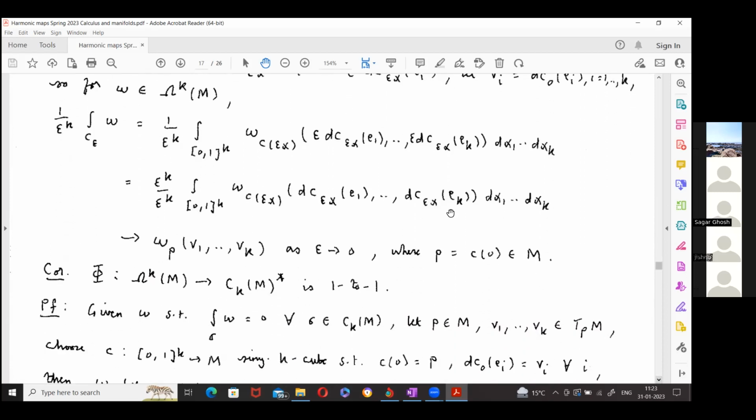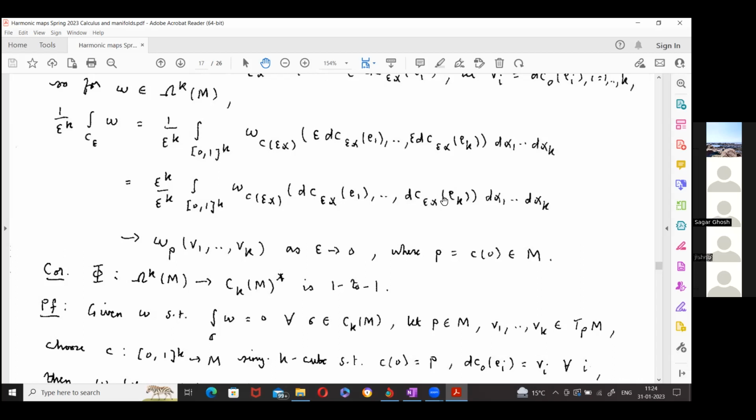Okay, so now we use the fact that the cube is a C1 map. So as epsilon tends to 0, these dc epsilon x E1 up to dc epsilon x EK, which are tangent vectors based at the points C of epsilon x, will converge in the tangent bundle to tangent vectors dc0 E1 up to dc0 EK, since C is a C1 map.